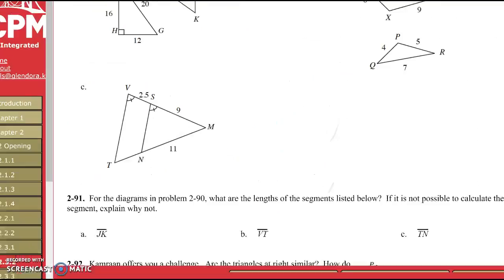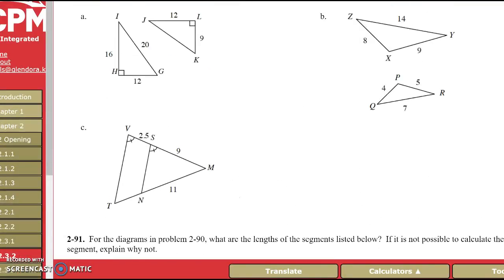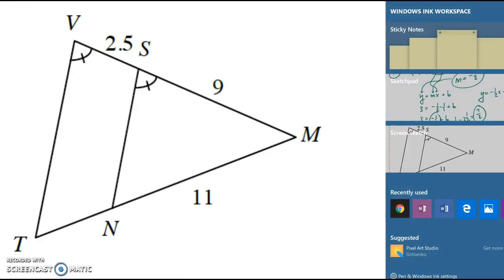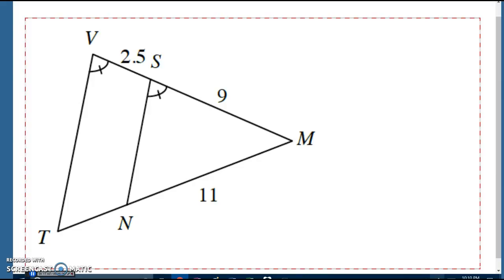Let's go back and see what other ones they want. VT over here. Well, we could use a proportion. Remember, these triangles were similar. However, we don't have this side, the corresponding side in the other triangle that corresponds to VT.